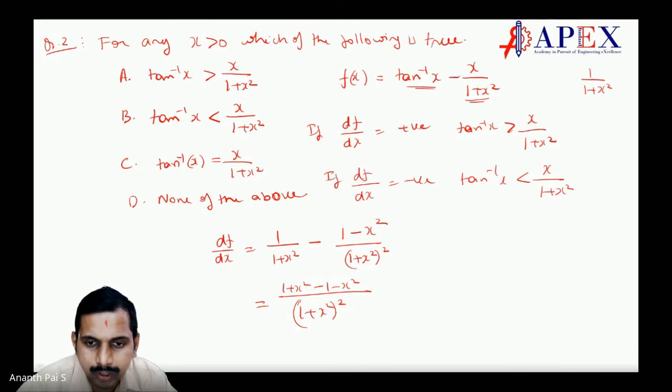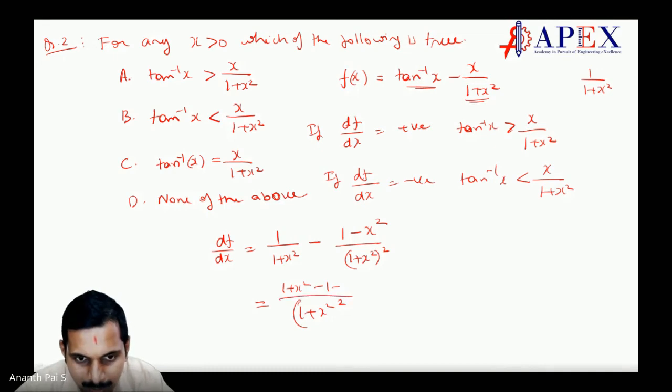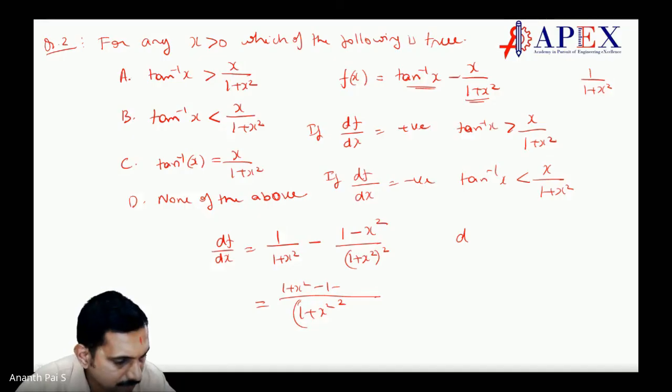No, U by V rule I am putting, okay? Denominator into d by dx of numerator minus numerator into differentiation of denominator. That part you have left. Correct, okay?